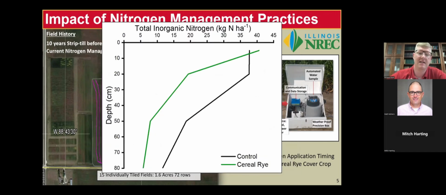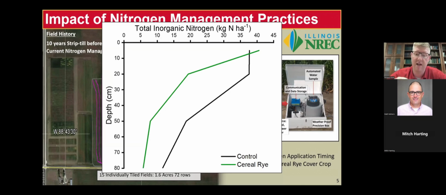If we think about why that's happening, this is an oversimplification, but one of the main reasons is because cereal rye is extremely good at scavenging nitrogen from the system. So going in, pulling it out of the soil profile and working its way, assimilating it into its biomass, right? Across the top is plant available nitrogen, and across the left-hand side is soil depth.